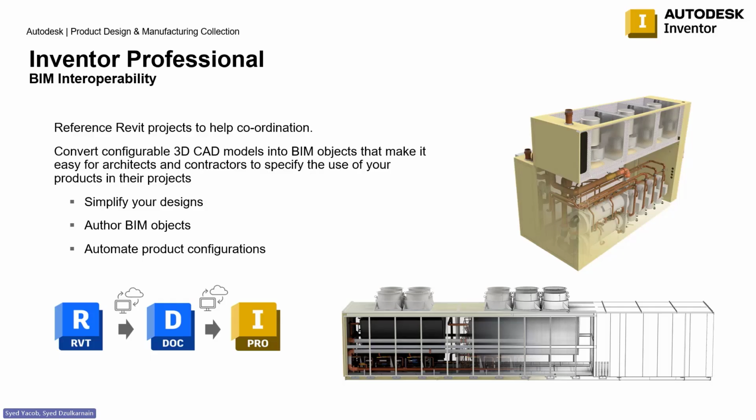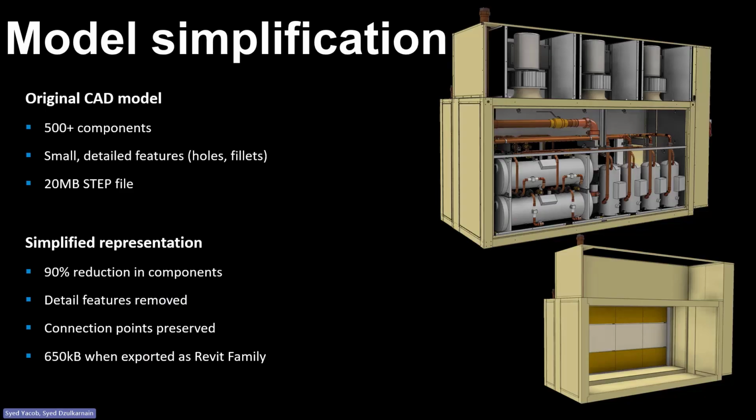Revit and Inventor collaborate through a medium we call Docs. Even without Docs, you are able to do it, but in this example, we will show the collaboration with Docs in the middle.